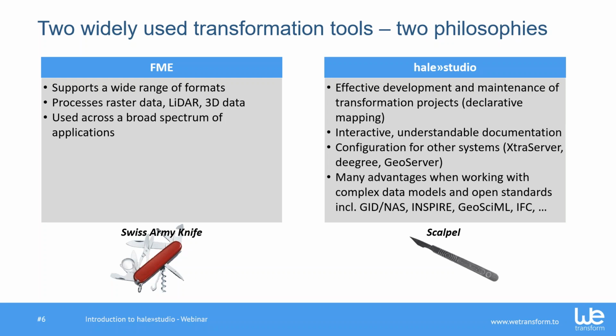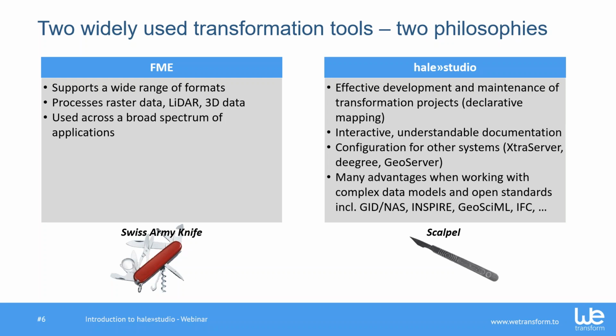Based on what we have seen, we think FME supports a much wider range of formats than Hale Studio. It can process a wide variety of data like raster data, LiDAR and 3D data and many more. And it's used across a very broad spectrum of applications. So we think of it as the Swiss Army knife. So you can pretty much do everything with that.